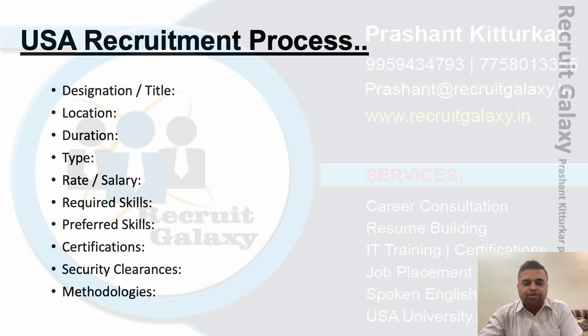If you're looking for Java, they will write multiple skills, and again the candidate will be confused about what skills they want. So please remember to ask your managers what specific skills the client is looking for.